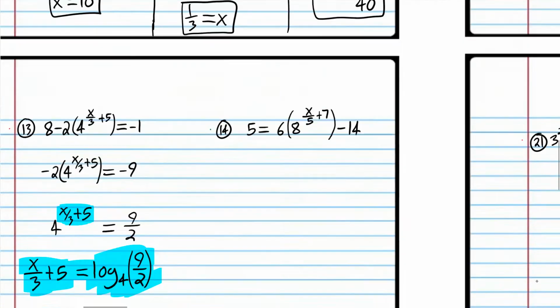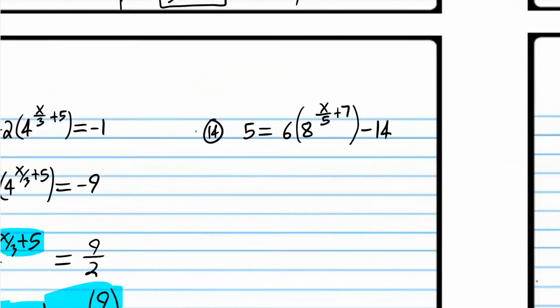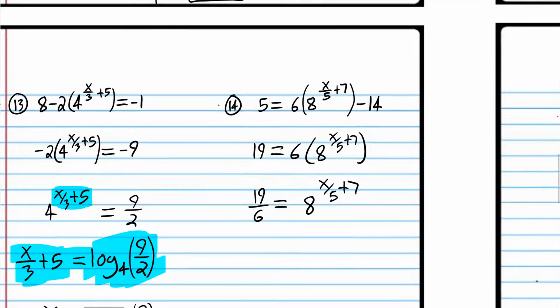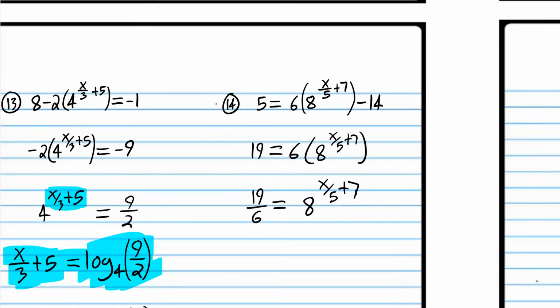All right, we're back. So I'm going to isolate that exponential expression. So I'm going to add 14 to both sides. And I'm going to divide both sides by 6. And we don't really need the parentheses anymore, so we can just get rid of those.